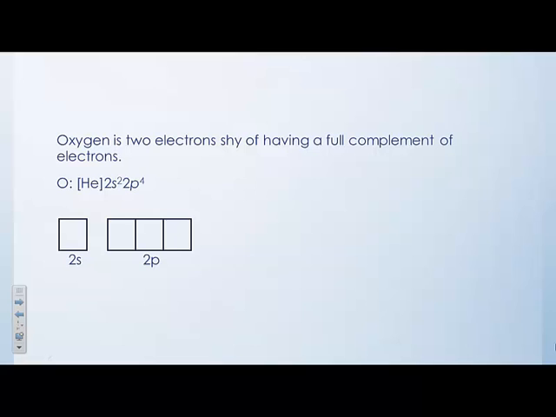When we put the electrons in the orbitals, 1, 2, 1, 2, 3, 4, we'll find that oxygen can accept 1 electron here and another electron here. So that means oxygen readily accepts 2 electrons to form the oxide anion, and would form this ion by accepting exactly 2 electrons, not 1, not 3, not 4, but exactly 2.